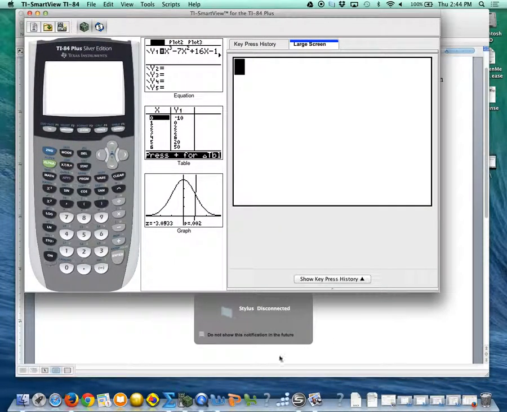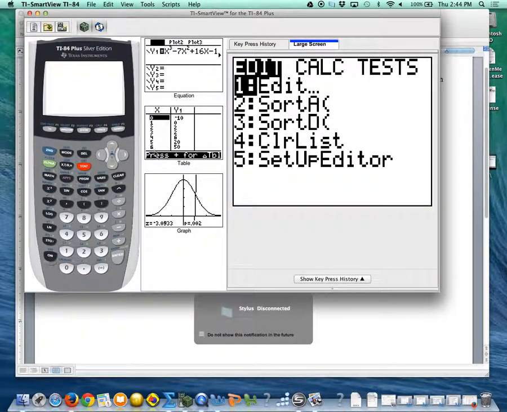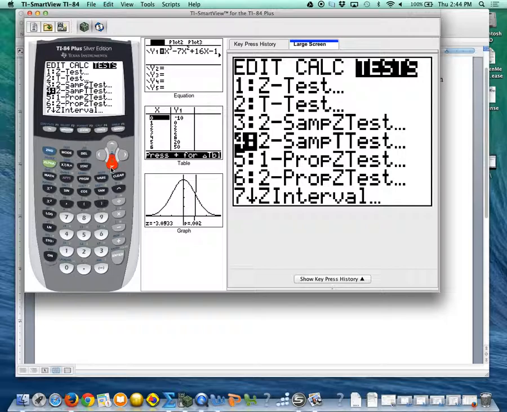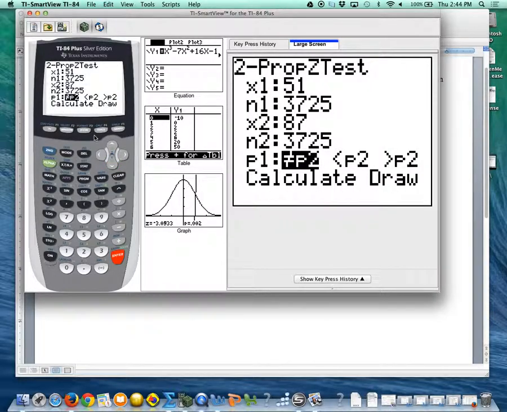You can probably guess that you have to go to stat, and we're doing a test. Proportion is always going to say proportion, so go to a 2 proportion Z test. This is what you need to enter: 51 people had a heart attack out of 3,725, 87 had a heart attack out of 3,725, and you get not equal to.